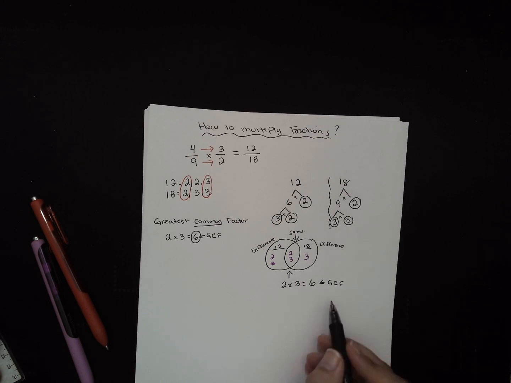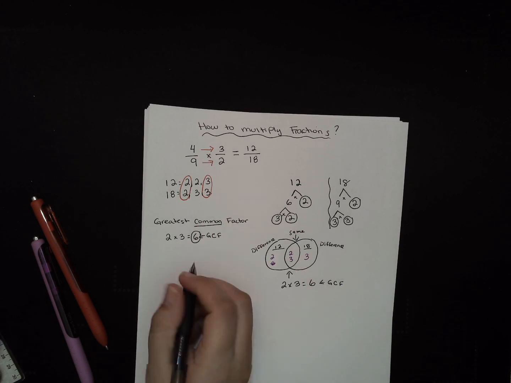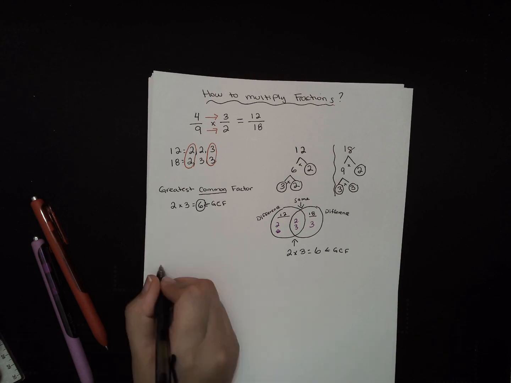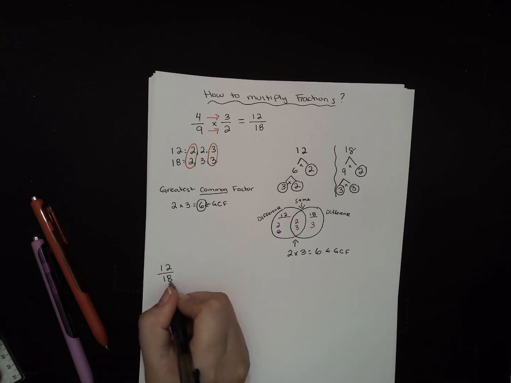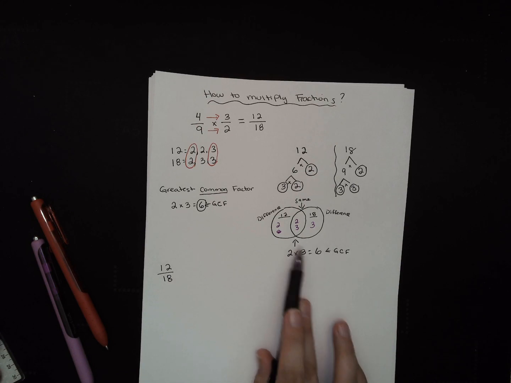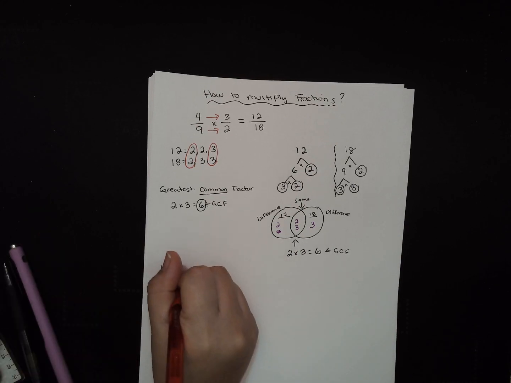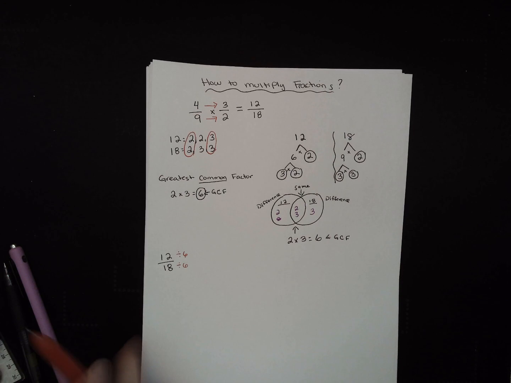So now what I need to do is get my fraction, and I'm going to go down a little bit. Sorry about that. So I have 12 and I have 18. Okay, so if my greatest common factor is 6, I'm going to divide by 6, and I'm doing my division on both my numerator and my denominator.